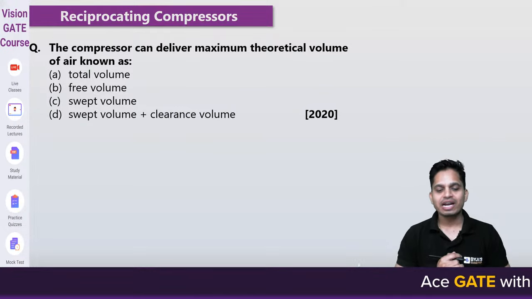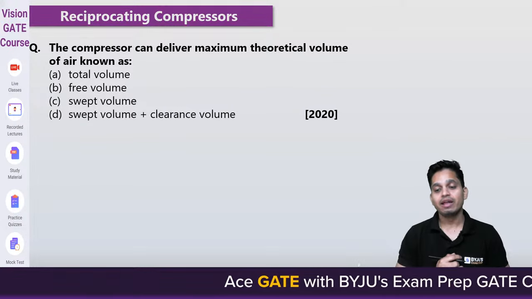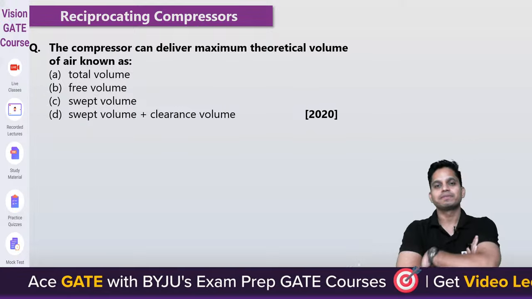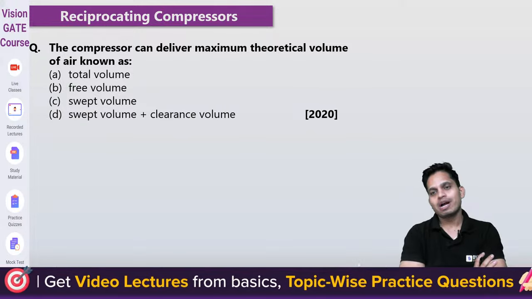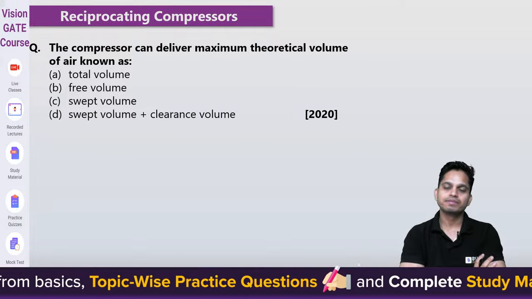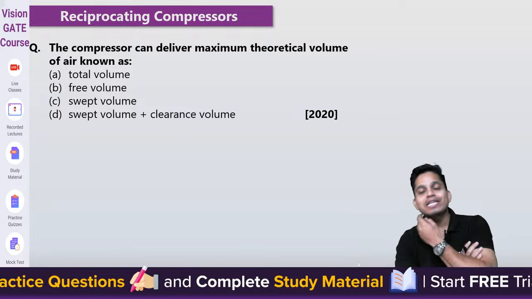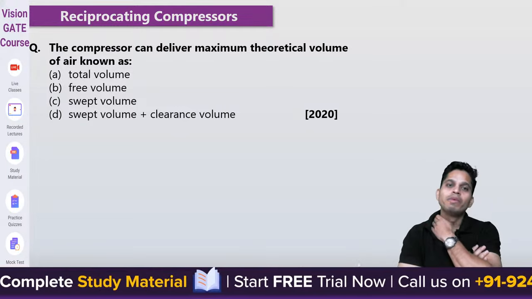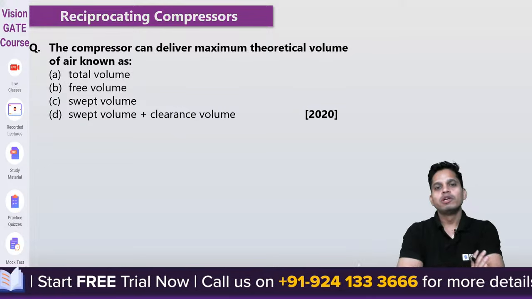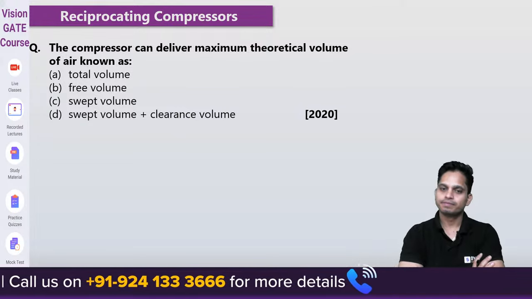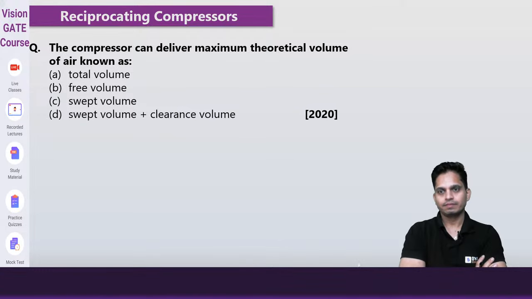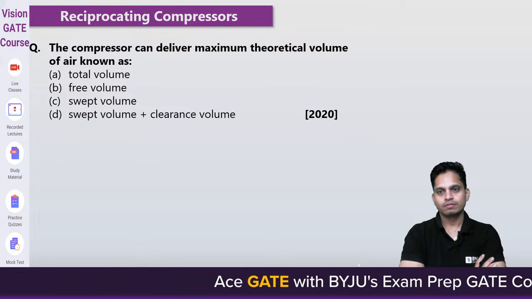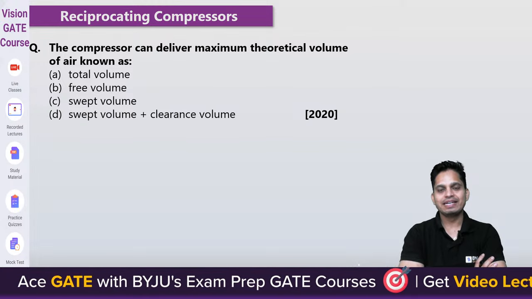Now the compressor can deliver maximum theoretical volume of air known as? How much theoretical volume can your compressor deliver? How much air can it take theoretically? Total volume, free volume, swept plus clearance volume.